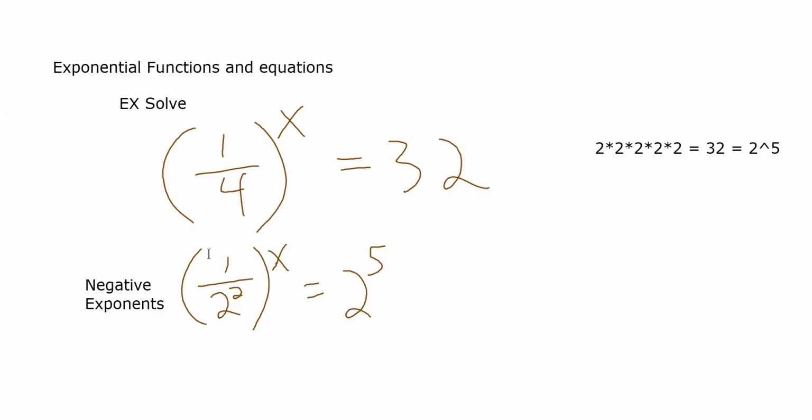So this expression inside the parentheses, we can bring the 2 squared up to the top by making it 2 to the negative 2nd power.